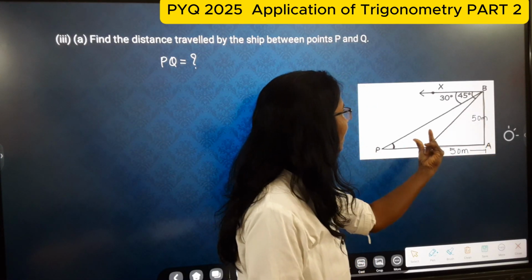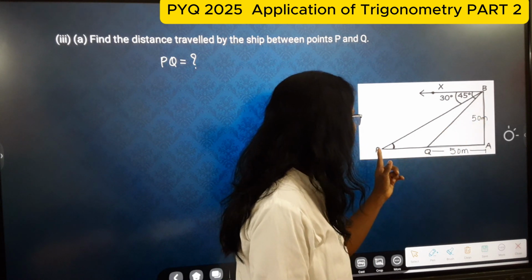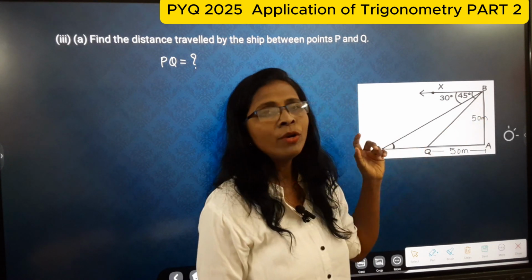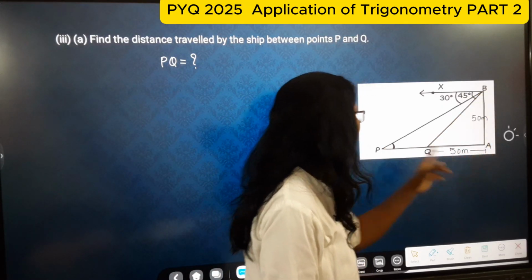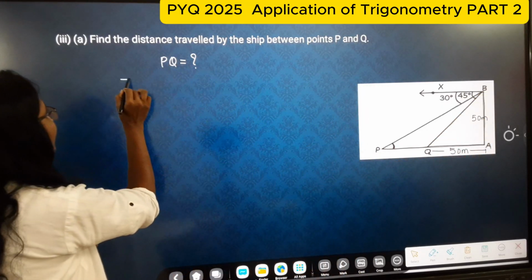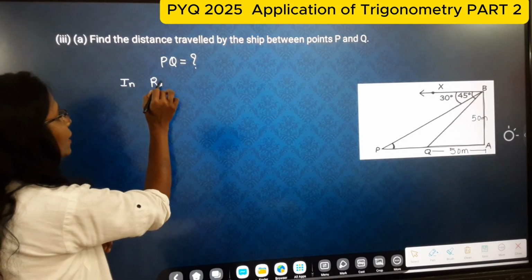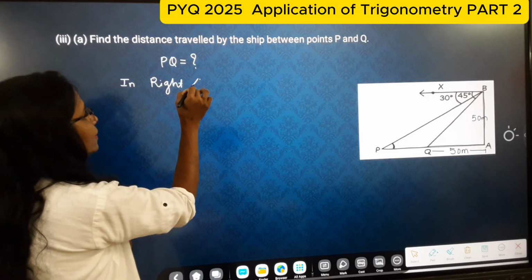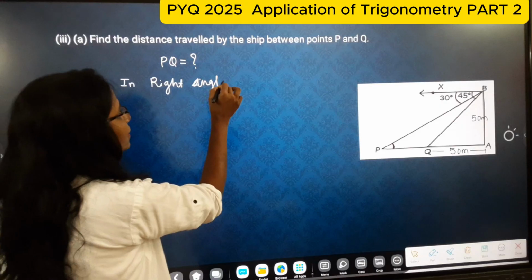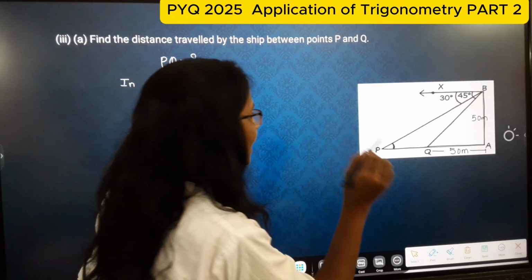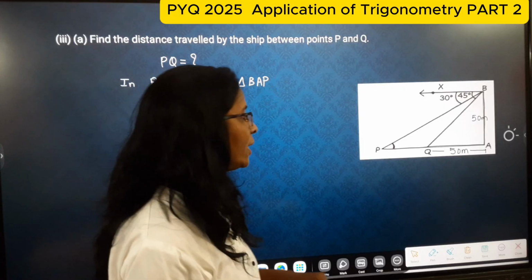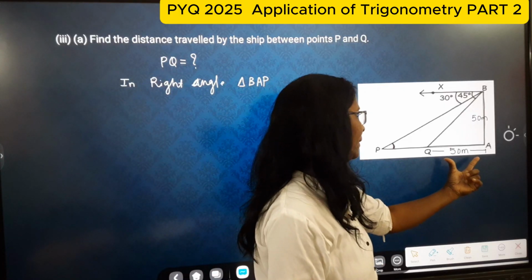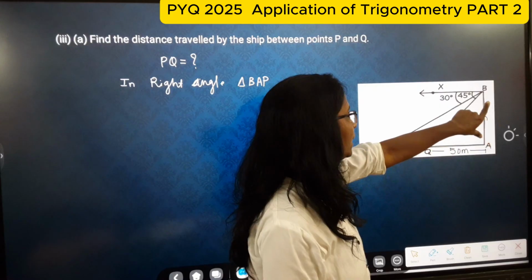It is in the triangle BPQ, but here we want the right angle triangle. So it is in the right angle triangle BAP. So we choose that, in right angle triangle BAP.